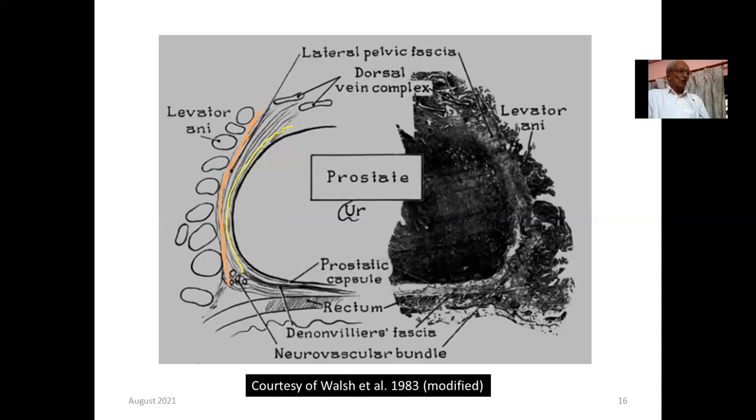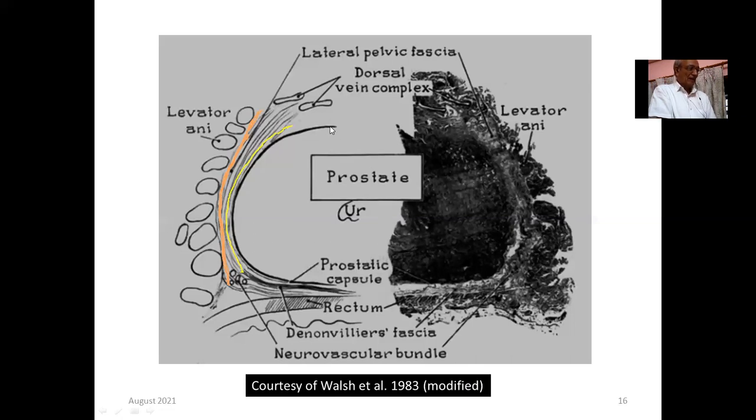So where are the neurovascular bundles located? The prostatic capsule is labeled here, and I will now show those. The pioneering work was done by Walsh et al., 1983, and one of the first articles was by Walsh and Donker, and I have modified it a little bit.